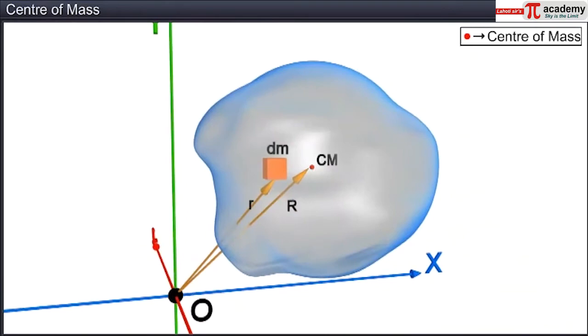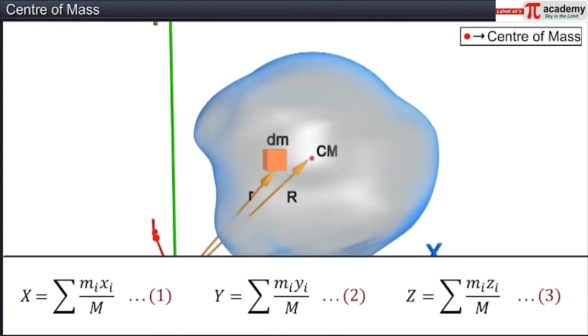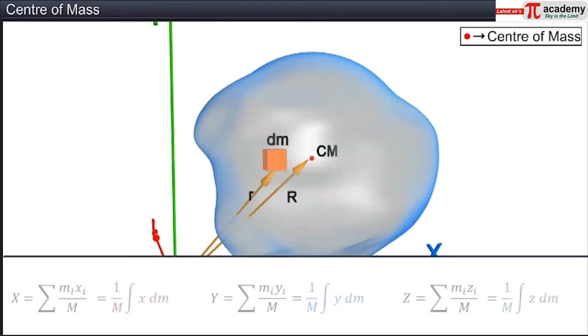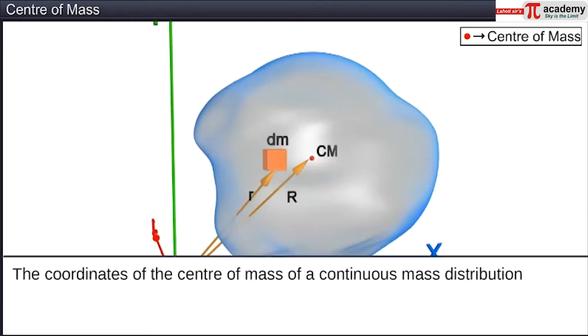When we deal with rigid bodies of continuous distribution of matter, we need to replace the summation symbol sigma in equations 1, 2, and 3 with an integral symbol. The coordinates of the center of mass of a continuous mass distribution are denoted by x is equal to 1 by m integral of x dm.